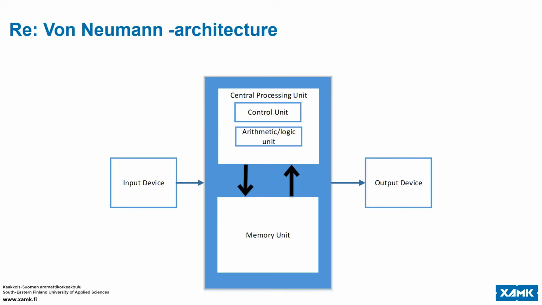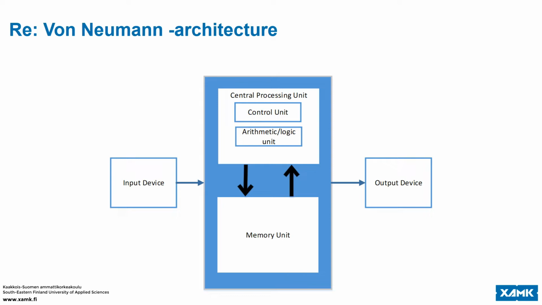So all modern computing devices, all modern computers follow the generic blueprint for an information processing device called the von Neumann architecture. And of course, the idea with the von Neumann architecture is that we have the computer in the middle between input and output devices, and the computer itself consists of some processor and a separate memory unit.